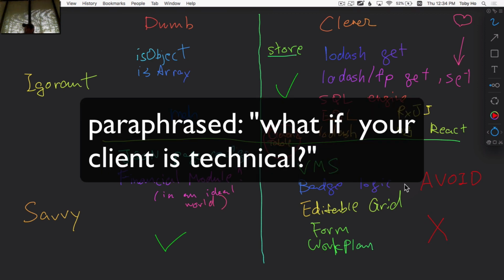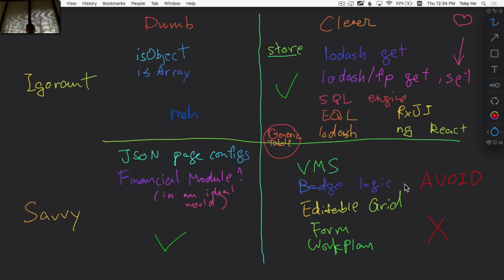If your client is technical people, and they want you to have your... That's a good point. Your client might actually be technical people. They might want in on the design process, or I guess your client is like a developer, which does happen in real life.